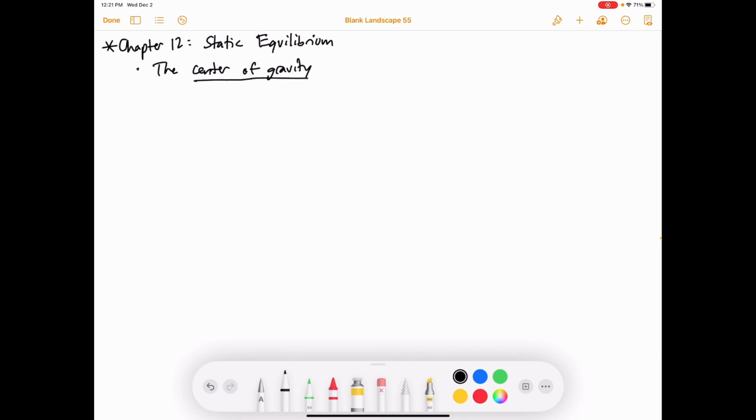So the center of gravity of an object is a single point on that object where we can consider the entire force of gravity to be acting.